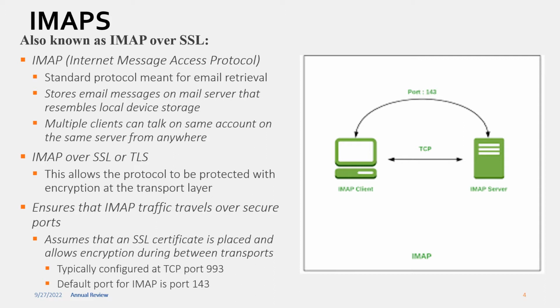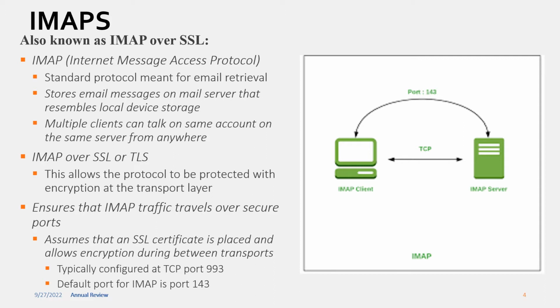IMAP, when combined with SSL, or as we already know, modern day TLS, becomes secure, allowing it to be protected with encryption at the transport layer. With that, it can ensure all traffic travels through secure ports. The default port for IMAP is 143, as you can tell from the diagram.